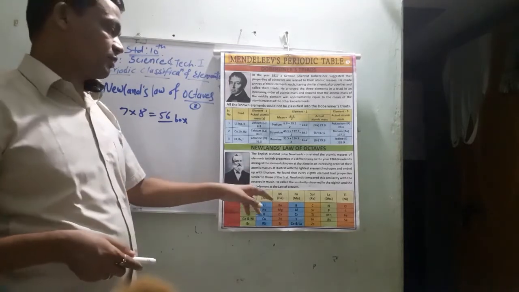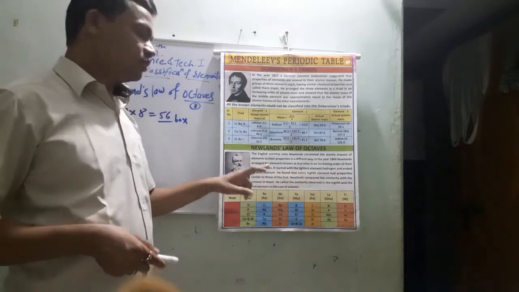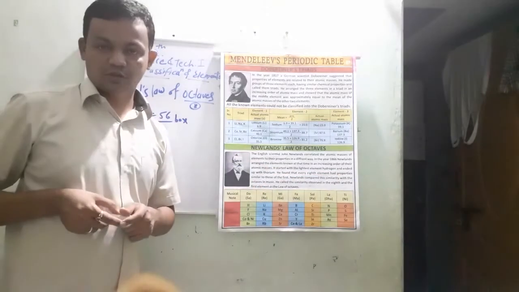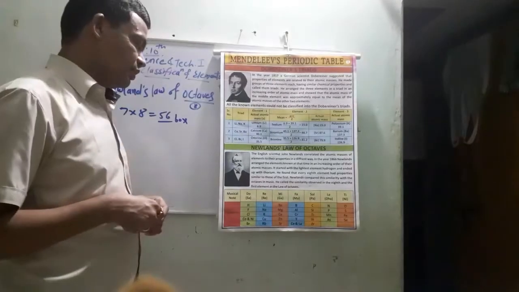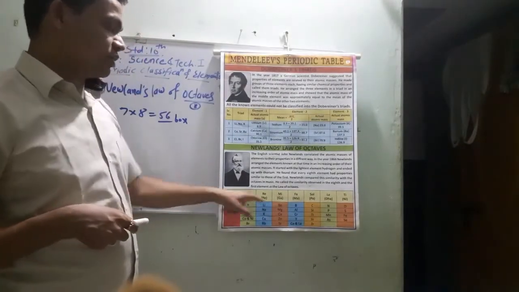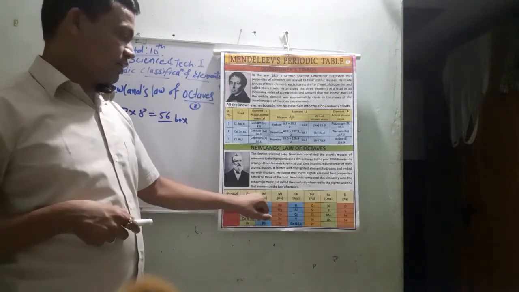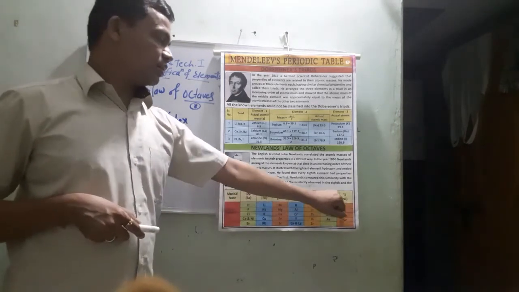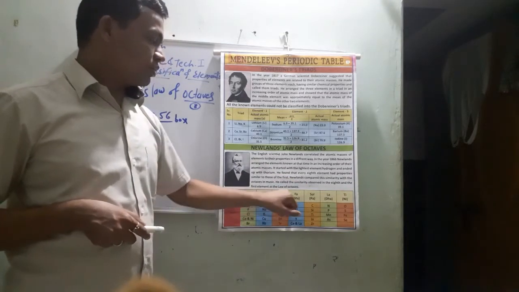Another thing is, he compared this similarity with the octave in music. म्हणजे संगीतातले जे 7 स्वर आहेत त्याच्याशी त्यांनी कंपॅरिझन केलेले आहे. See here, musical notes are given, that is Indian musical notes sa, re, ga, ma, pa, dha, ni. See, so there are 7 notes.